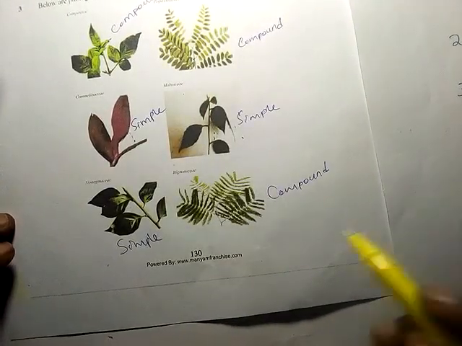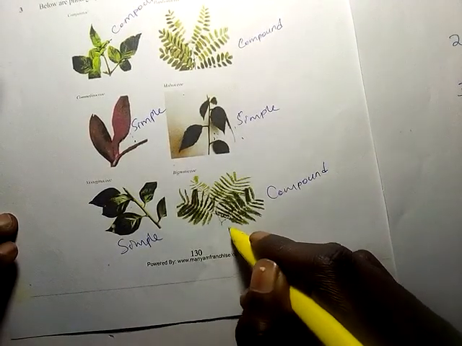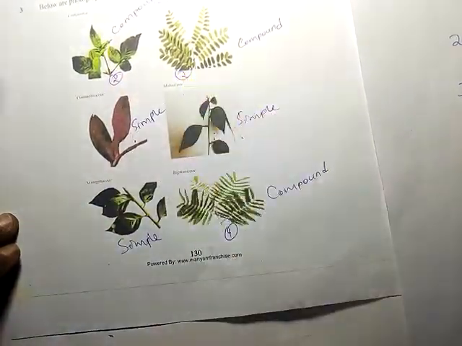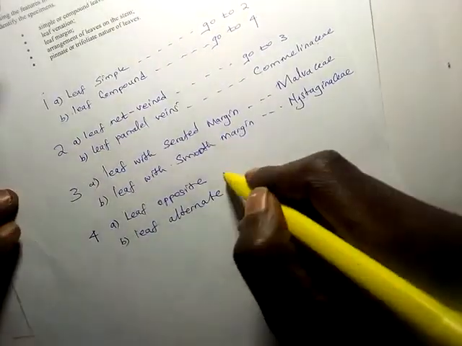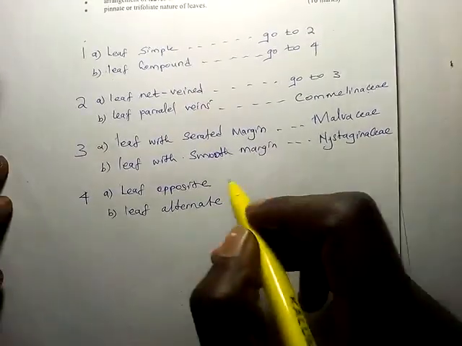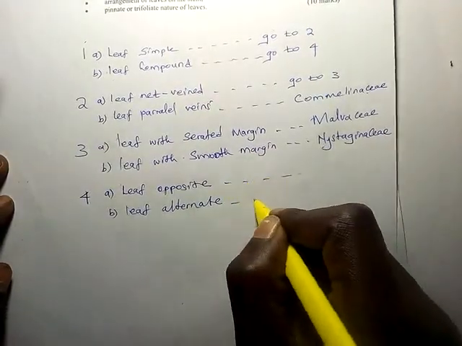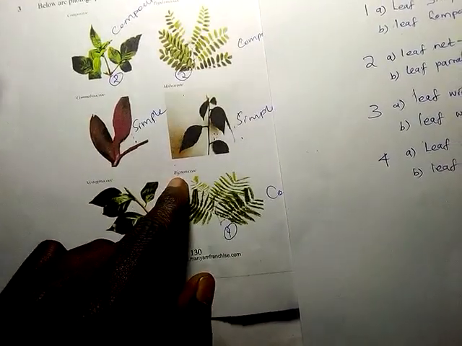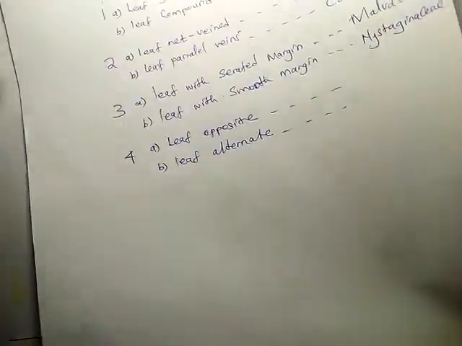We have seen leaf alternate is only 1, but opposite there are 2. Therefore, leaf alternate, its name is this one, which is Bignoniaceae.